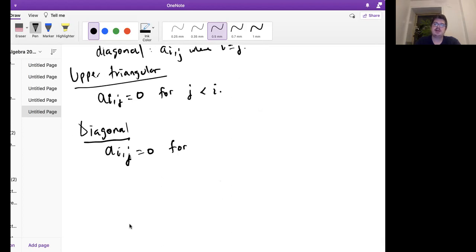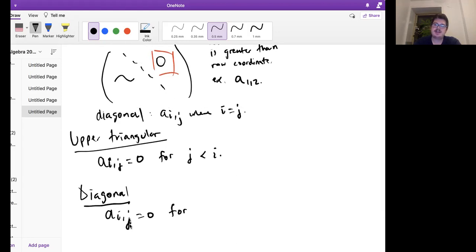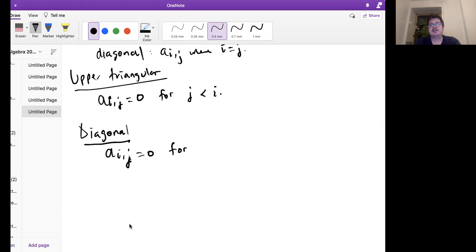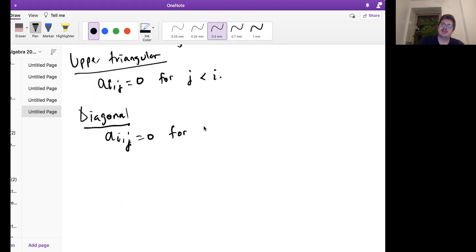So j equals i is where stuff could be non-zero. So it's for where j is less than i and for the positions where j is greater than i. So another way of saying that is when it's just not on the diagonal, so for where i is not equal to j.